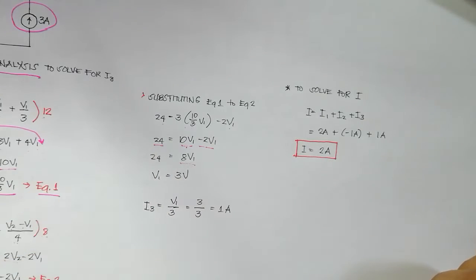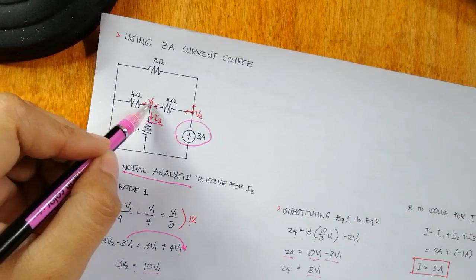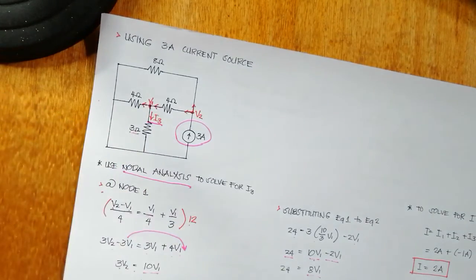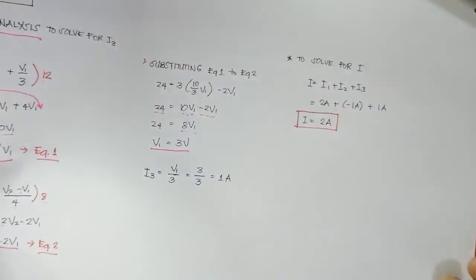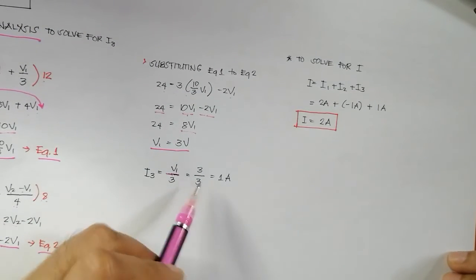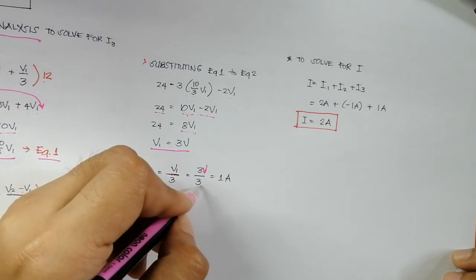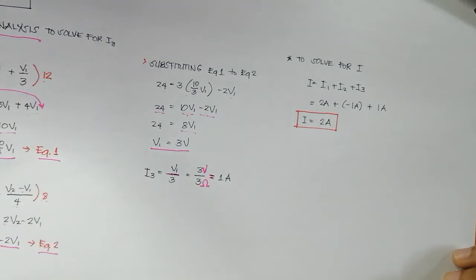Then 24 divided by 8 is equal to 3, so V1 is 3 volts. In this circuit, I3 is equal to V1 over 3 ohms. So to solve for I3, you have V1 over 3 is equal to 3 volts over 3 ohms. The answer is 1 ampere.